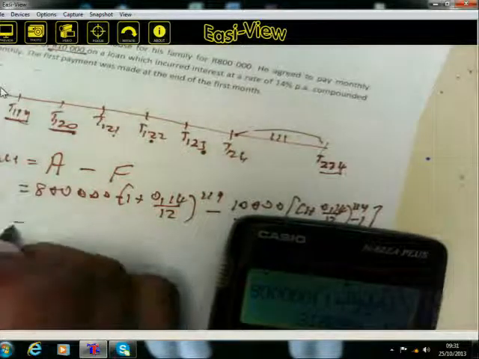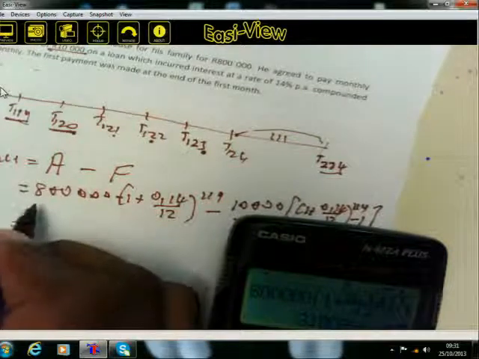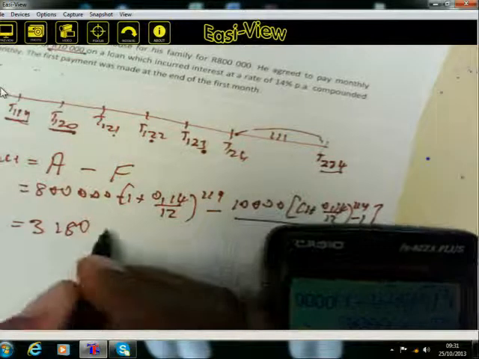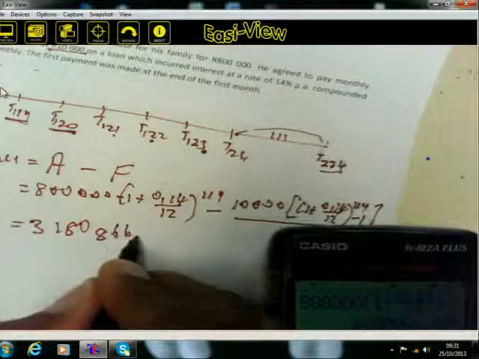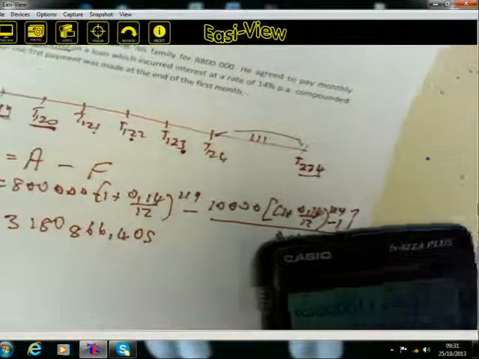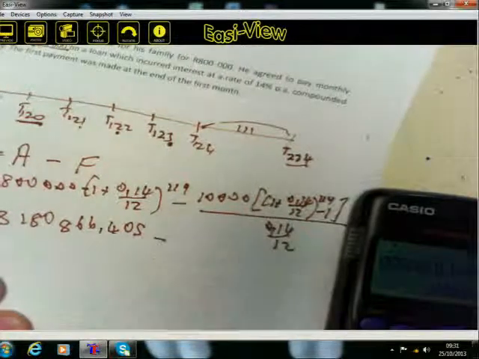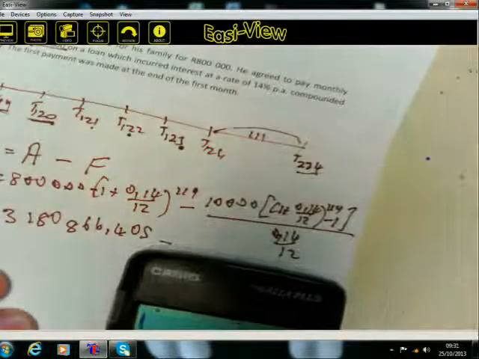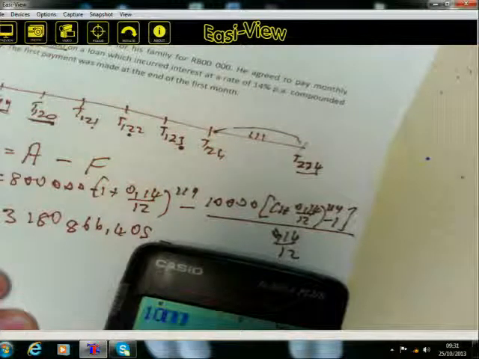Of course, we have 3,180,866 rand 40 cent or 41 cent. Okay, then minus what? Future value there. We have 10,000, which is the monthly payment.